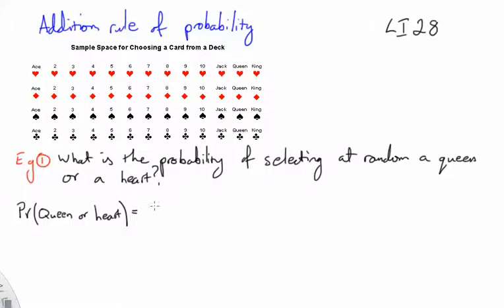And we all know the definition of probability. It's the number of favorable outcomes over the number of total outcomes. So how many favorable outcomes are there? Well, luckily I've got my sample space here. So it has to be a queen or a heart. So it can be one of these or one of these.